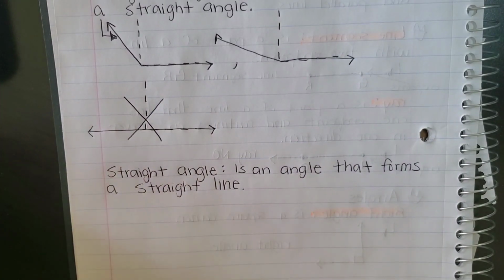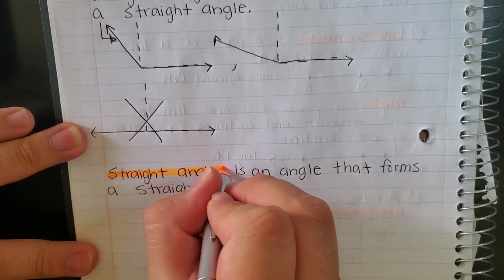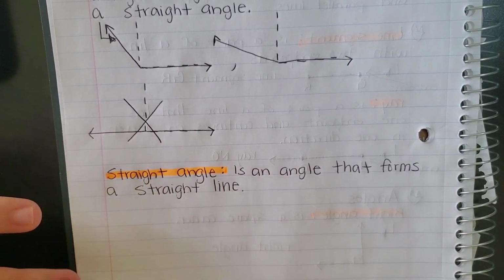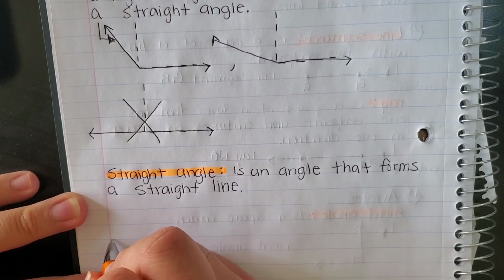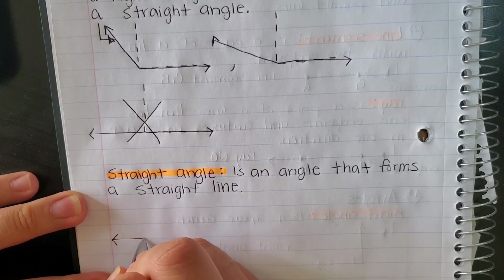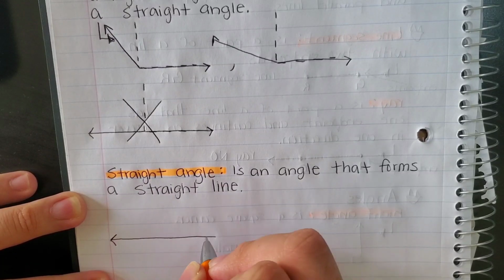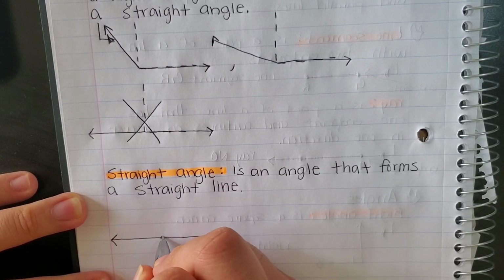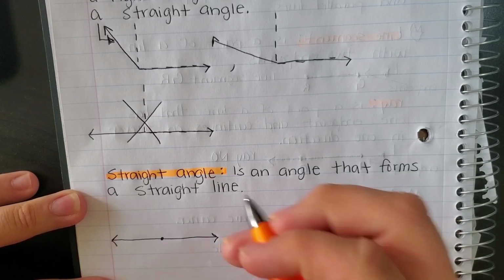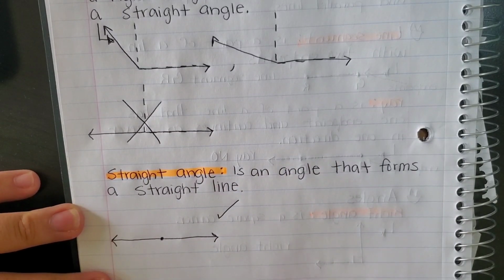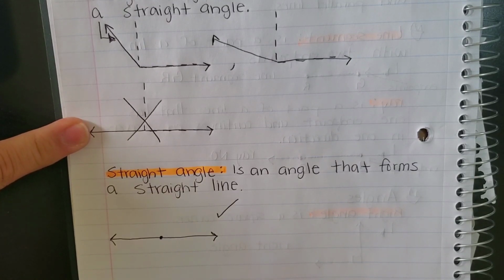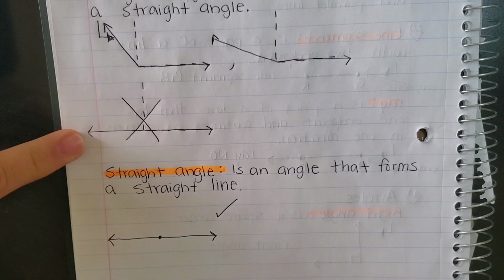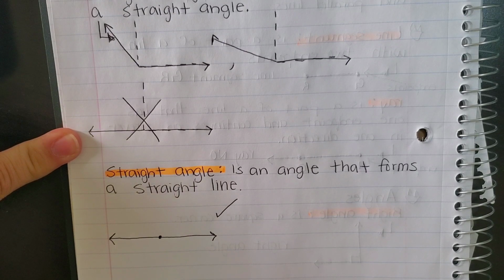Okay, so remember to highlight straight angle. Now, a straight angle is an angle that forms a straight line. So basically, we just draw a straight line. This one is a straight angle. Now you see why an obtuse angle cannot be straight like this, because then it will form into a straight angle. Okay?